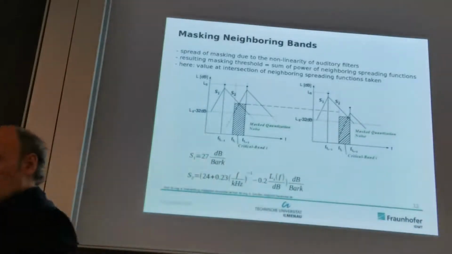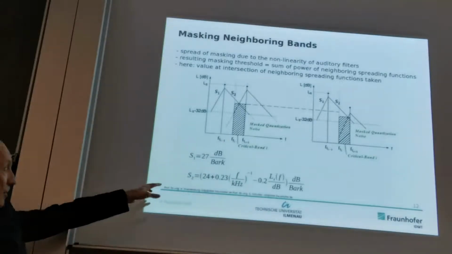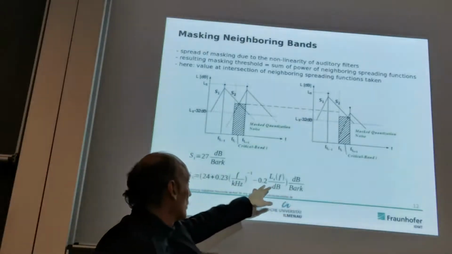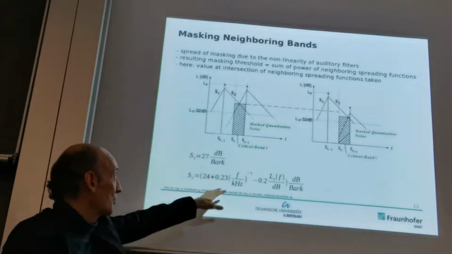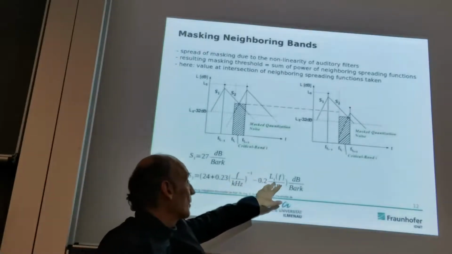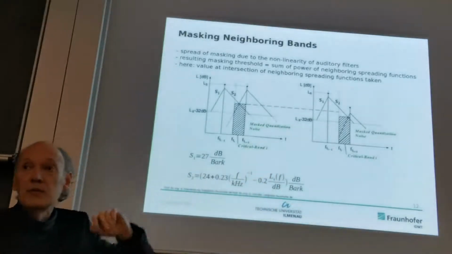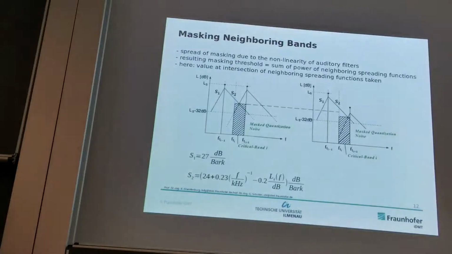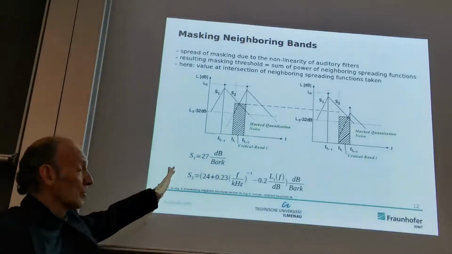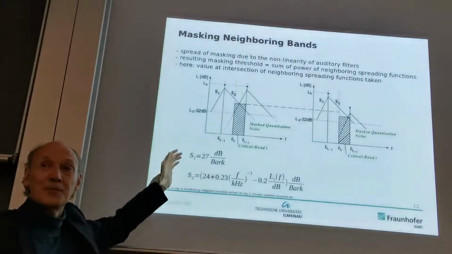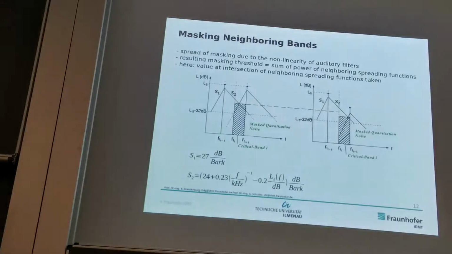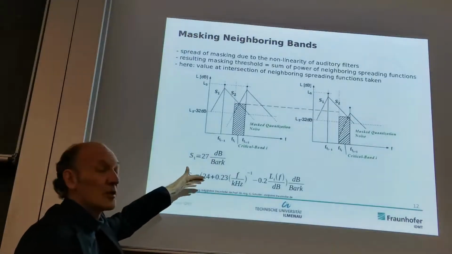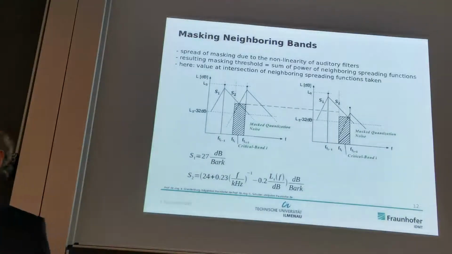Again, a kind of complicated formula for the upper slope. So what I usually do is I make some assumptions here for the frequency and the loudness and keep them constant. That makes the implementation easier. And this is also what I did in the upcoming examples. Does it make sense? So you see, strictly speaking, the slope changes depending on the loudness and the frequency.